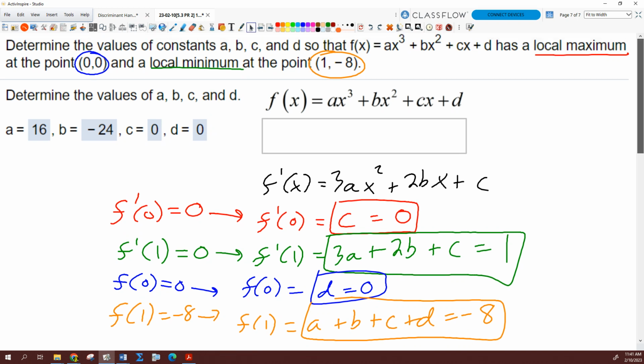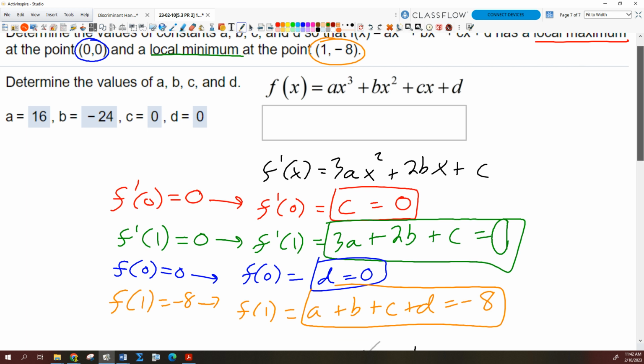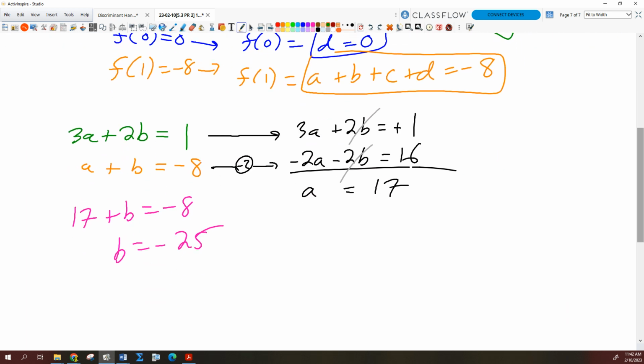What is going on? Oh, I know what it was. What's f prime of 1 equal to? Duh. 0. Not 1. Right here. There's the mistake. That's supposed to be a 0. So down in this equation, that's supposed to be a 0.